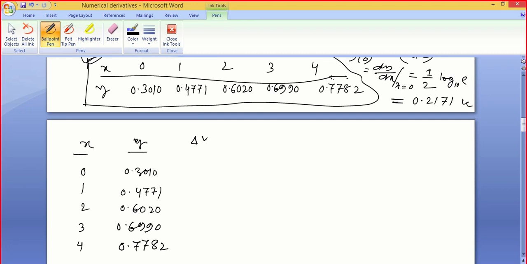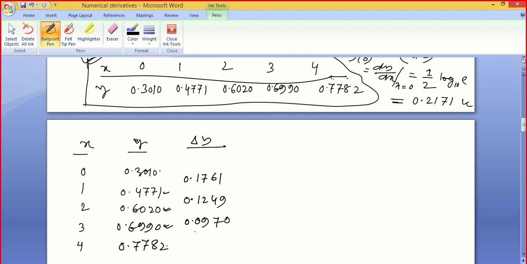First difference column: subtract these from this. 0.1761. Subtract this one from this: 0.1249. Subtract this one from this: 0.0970.